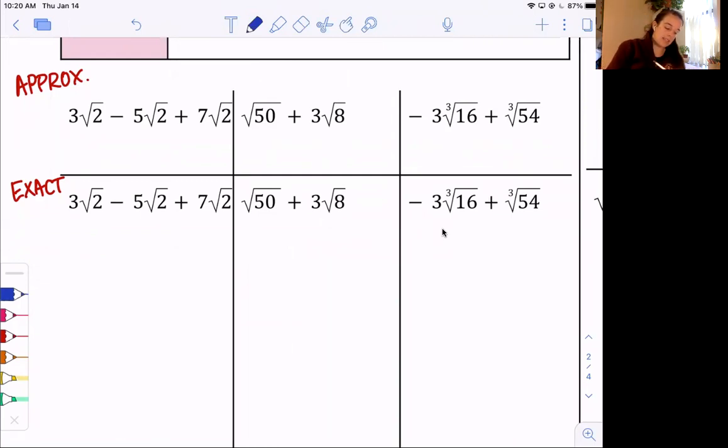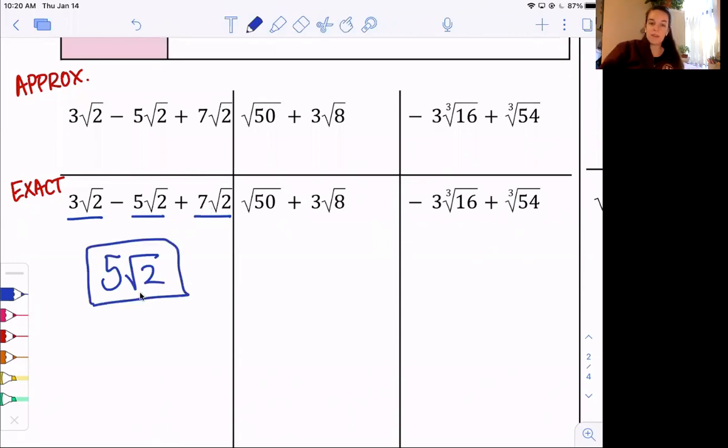I see that these already are like terms, they're like radicals. So I'm just going to say, okay, 3 minus 5, that'd be negative 2, plus 7 will be positive 5 square root 2. That is my final answer for this question, right? This is the exact version, and this the approximate version.